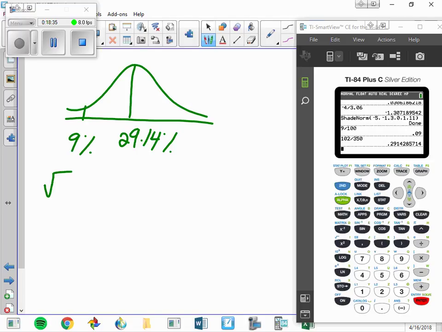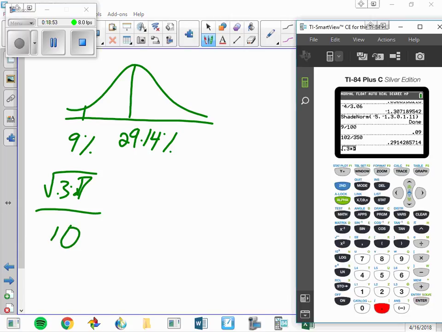Well, it would be the square root of 0.3 times 0.7 times the square root of 9/8. Or wait, no, we're doing 100, right? So we don't need to inflate. Divide that by 10. The square root of 0.3 times 0.7 divided by 10 is 4.5%.